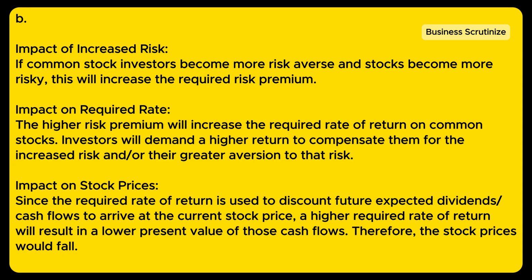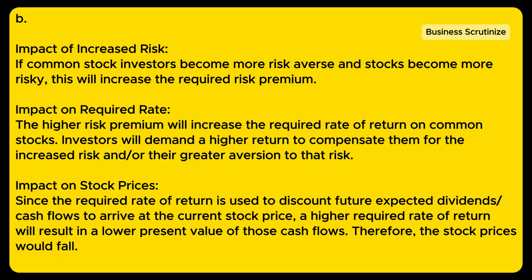If common stock investors become more risk averse and stocks become more risky, this will increase the required risk premium. Next, the impact on the required rate: the greater risk premium will increase the required rate of return on common stocks. Investors will demand a higher return to compensate them for the increased risk and/or their greater aversion to that risk.